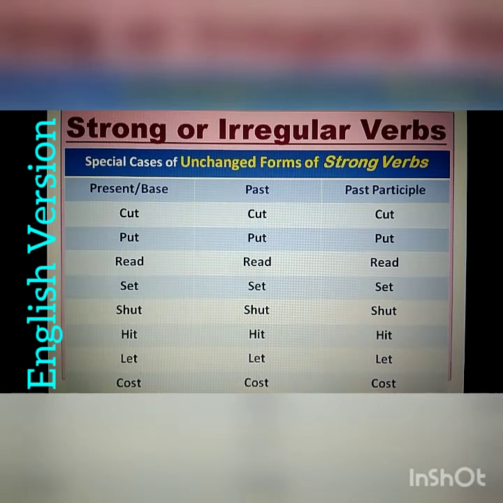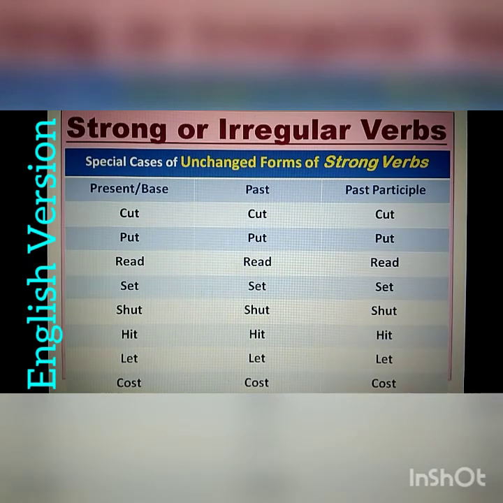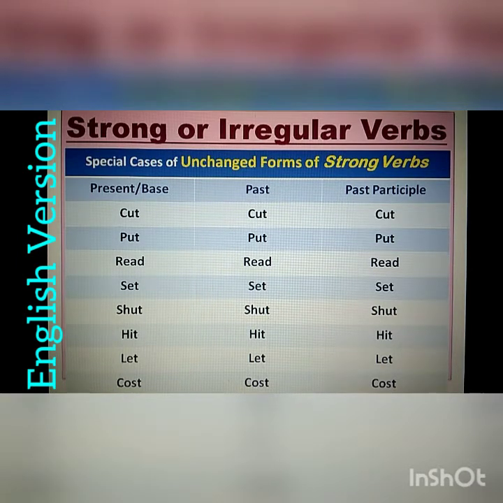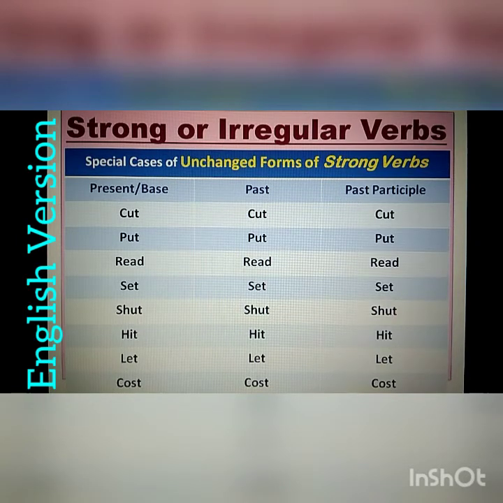Look here: cut, cut, cut. Put, put, put. Read, read, read. In case of read, the sounding, the phonetics, is changed a little bit. Set, set, set. Okay, fine.